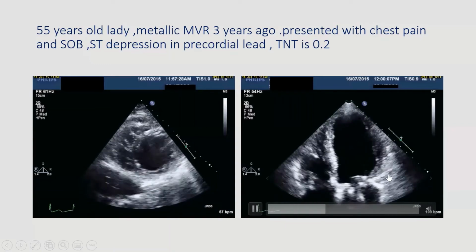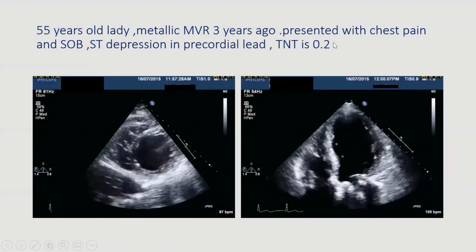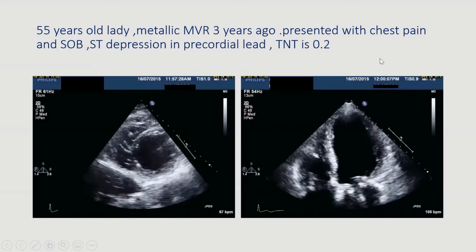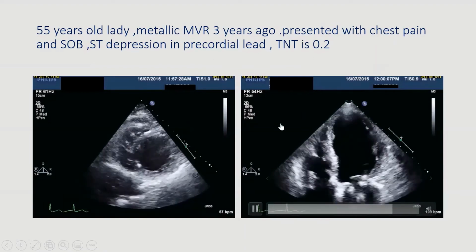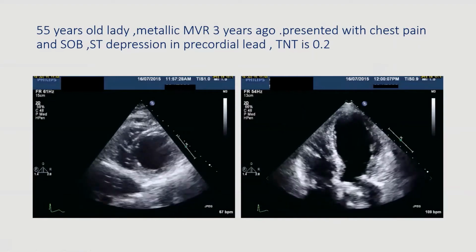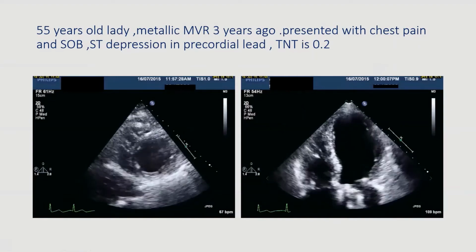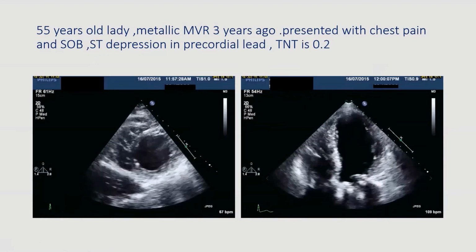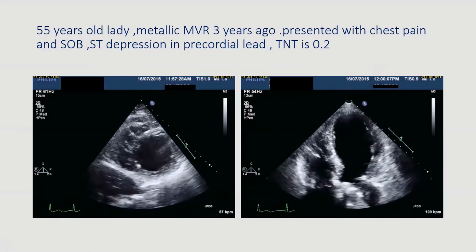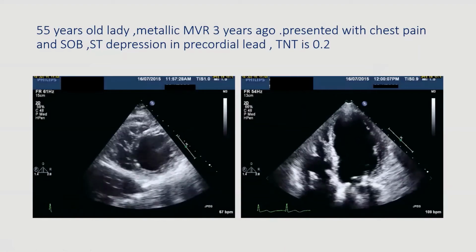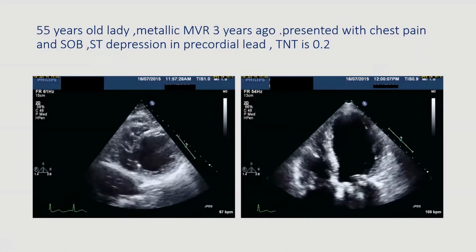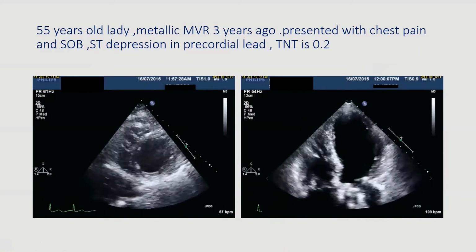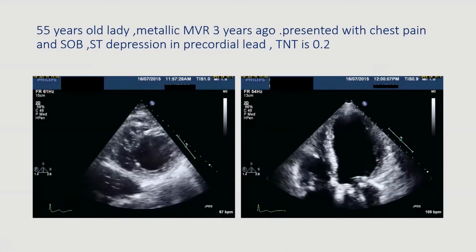So what do you think the problem is with this patient? Presenting acutely with chest pain, shortness of breath, ST depression, and troponin of 0.2. What's the best next course of action? What are you going to do here?